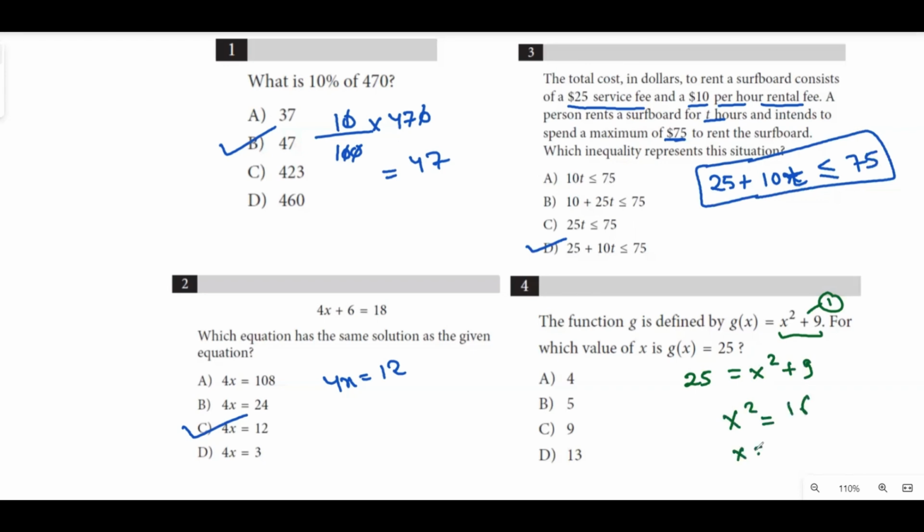That means the x value will be positive and negative 4. But in the options, there is only positive 4. There is no negative 4. So I will say that option A is my correct answer because it can be positive 4, it can be negative 4, and positive 4 is in the options. That's why for question 4, A is my correct answer. Now we will move to the next part.